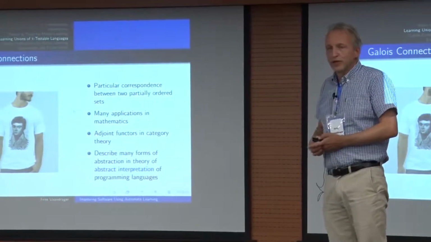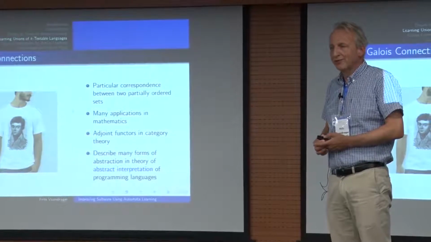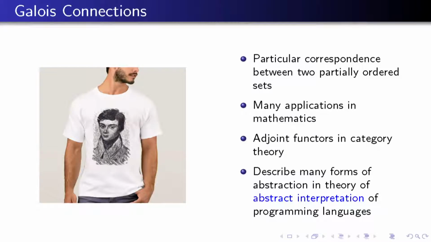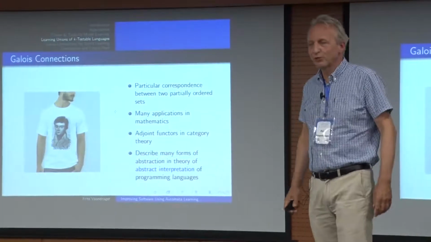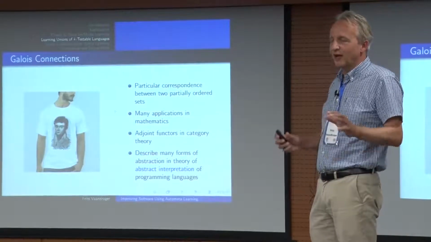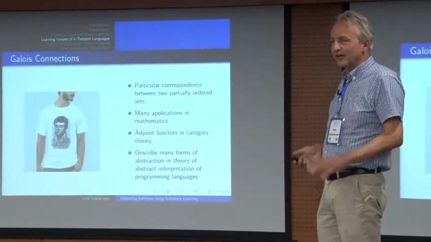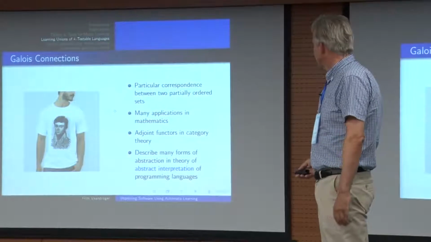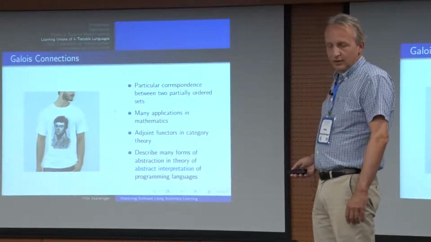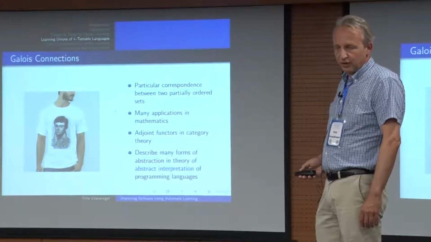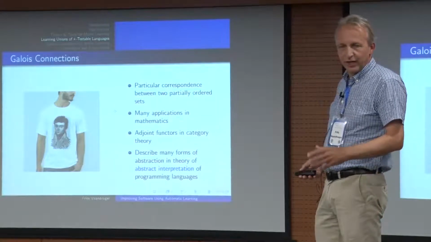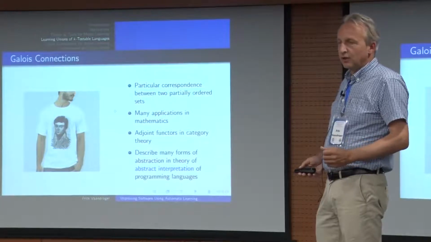Galois connections were invented, as you may know, by the French mathematician Évariste Galois. There are even t-shirts available on the internet which you can order with the picture of Galois, but I'm not such a nerdy type, but I feel tempted to order a Galois t-shirt. He's really a great guy. As you know, he was a brilliant young mathematician, but then he got involved in some fight, and so there was a duel.